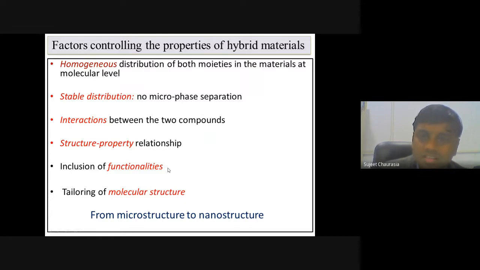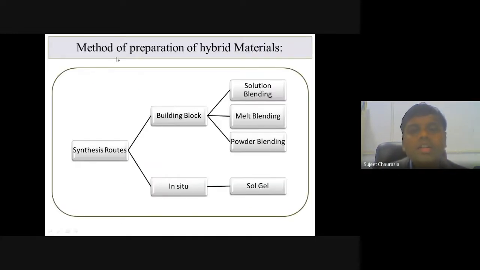So using these types of materials, we can synthesize hybrid materials which are structured from microstructure to nanostructure. These are the methods of preparation of hybrid materials.